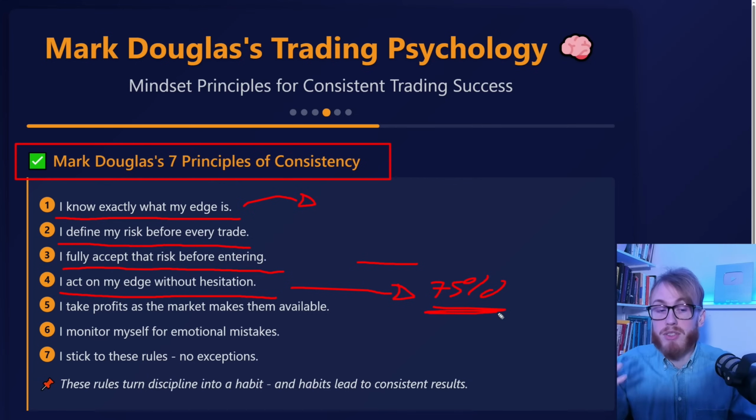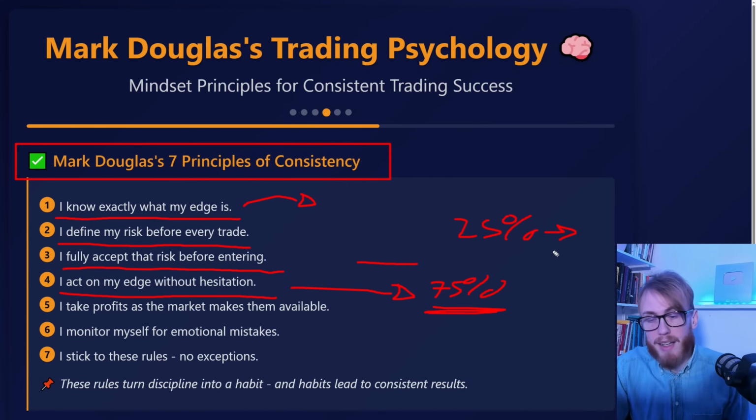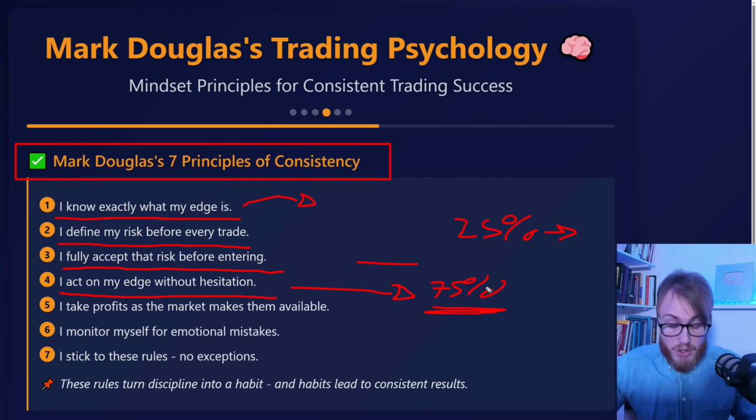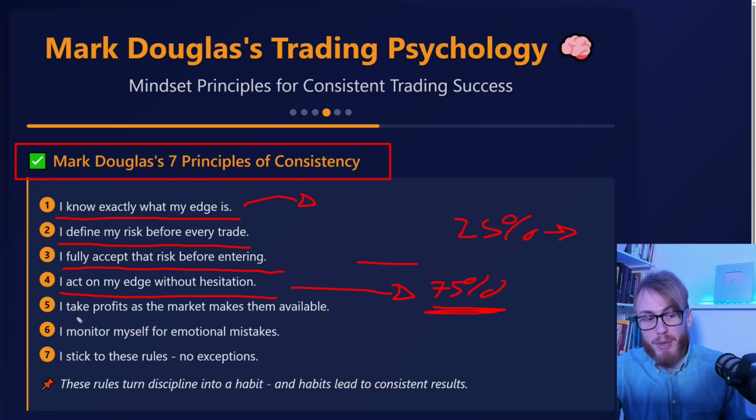You of course need to take it without hesitation. Even if maybe you have a loss streak, maybe you know with this setup you have a 25% risk to lose. And let's say that this has happened 3 times in a row. You were super unlucky, lost 3 times in a row, even with a 75% win rate. But as long as you know your setup is correct, you still need to take these trades without hesitating.